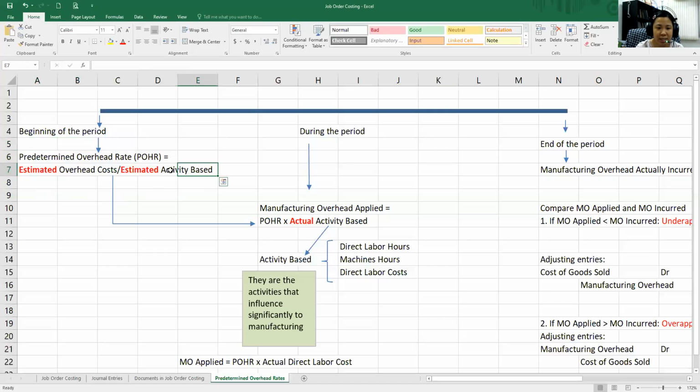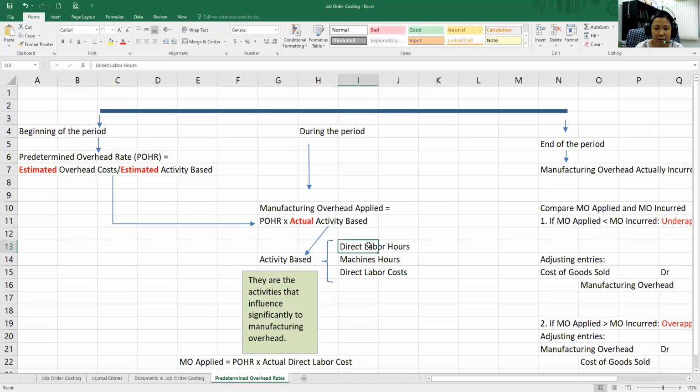Now, what is the estimated activity base? Activity base means the activity that the managerial accountant thinks can significantly influence the manufacturing overhead. We call it the activity base.